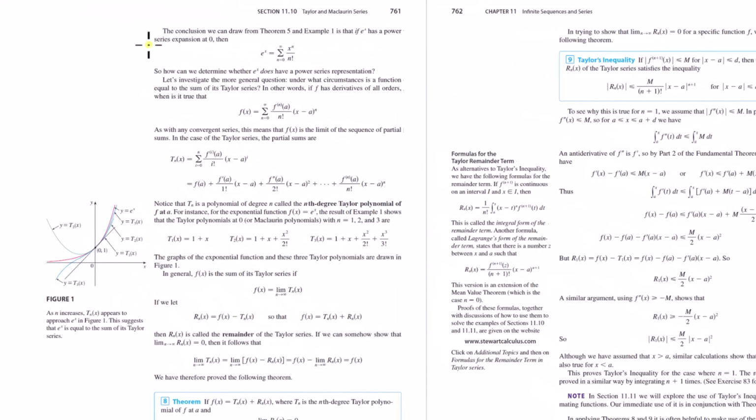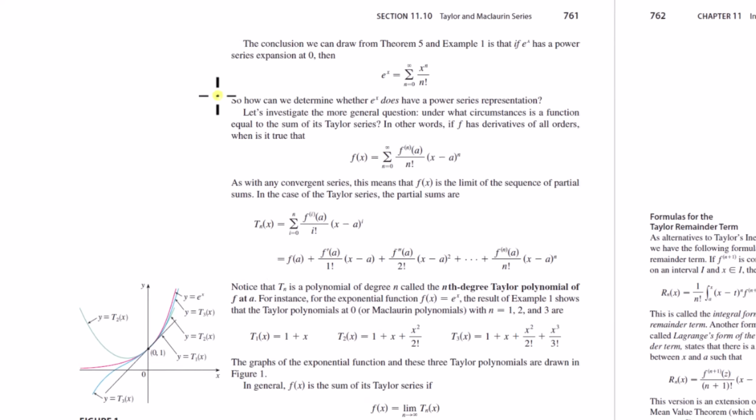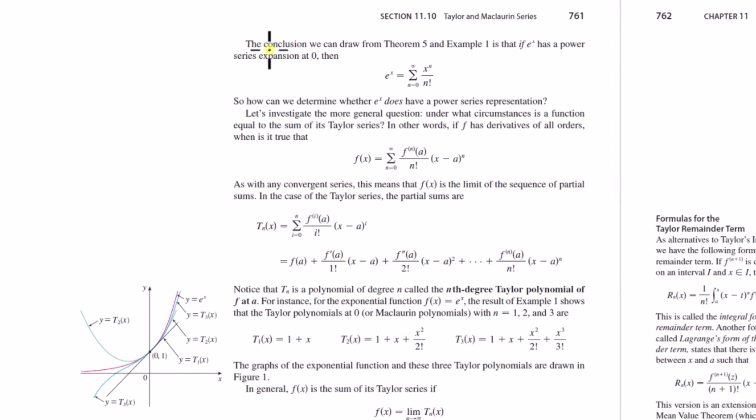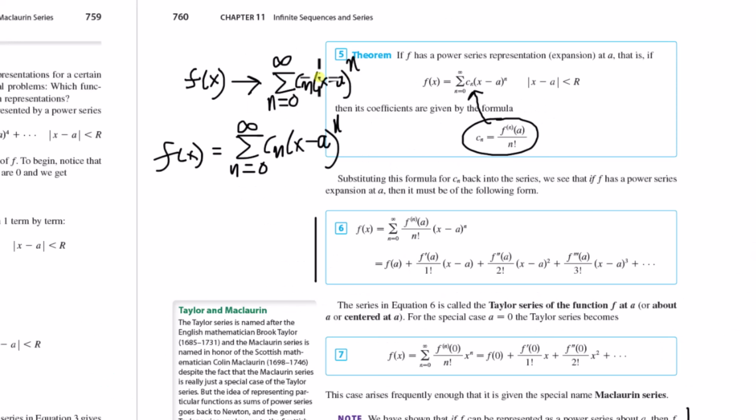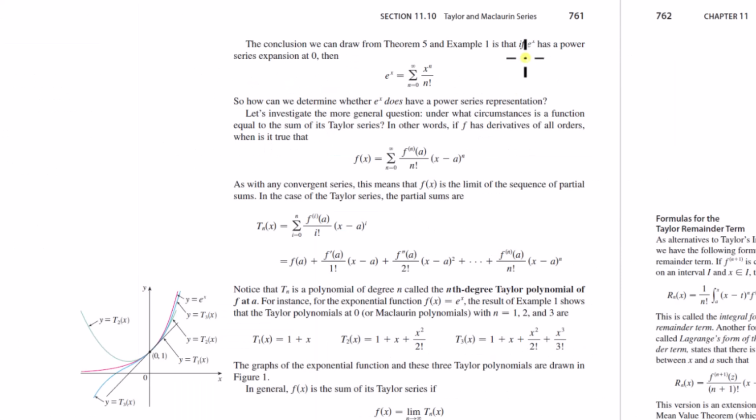Okay? So now, what are they saying here? Read this carefully. The conclusion we can draw from Theorem 5 was this. This is Theorem 5, that if e to the x has a power series expansion at 0, and that's another thing that gets confusing, we're just talking about e to the x at 0 here.